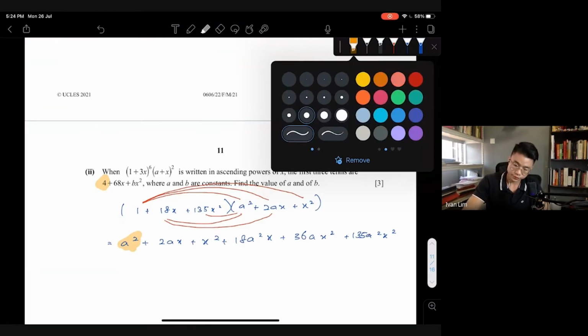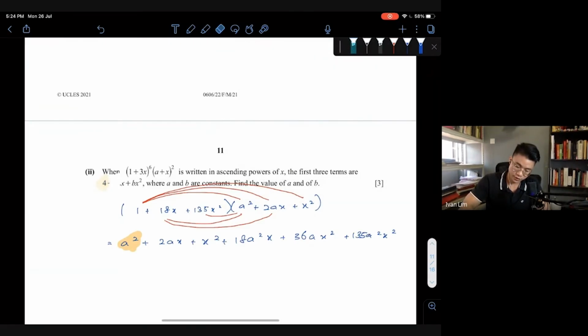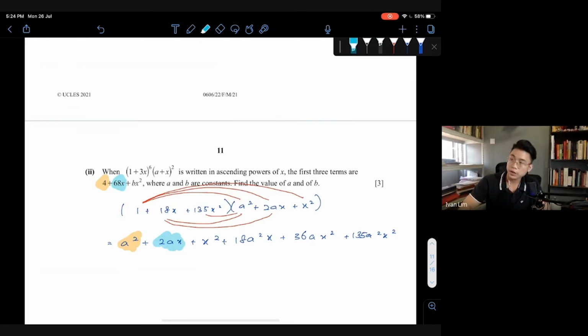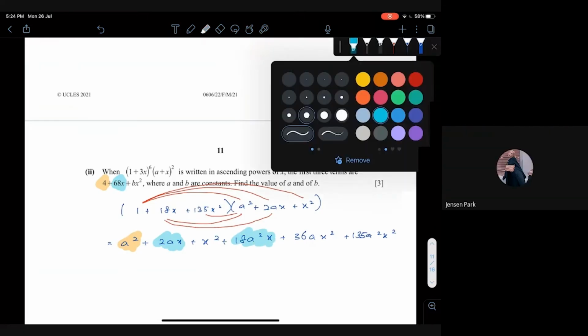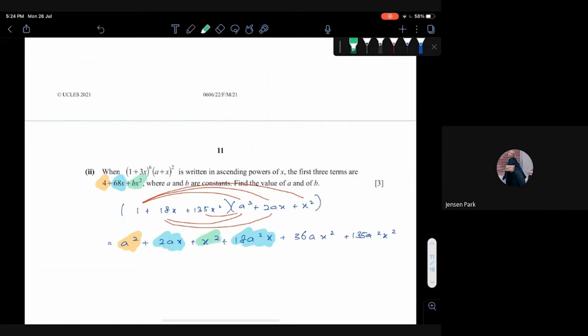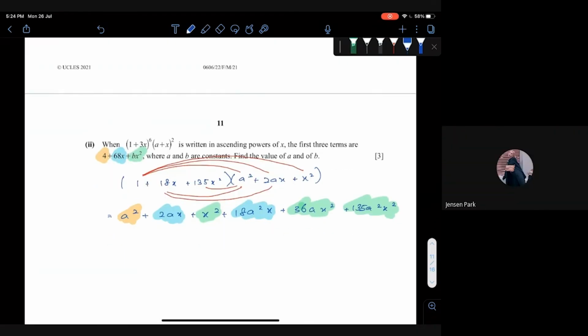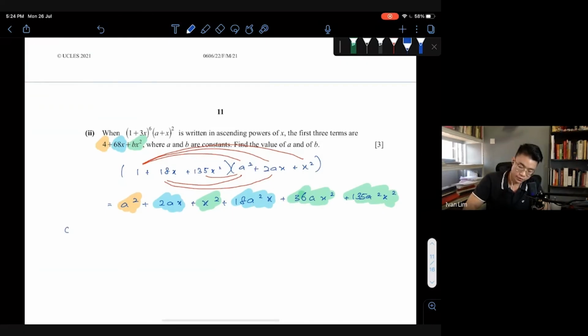Then over here, the 2a plus 18a squared. So you've got 2a and 18a squared. And then the 1 plus 36a plus 135a squared. And then you just find the value, you just compare coefficients.